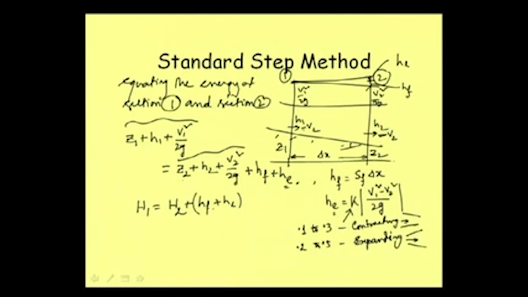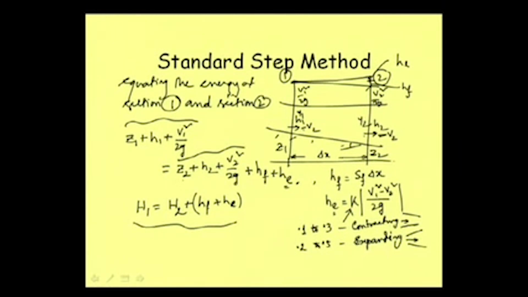Well, now using this relation, how can we calculate y1 and y2, that is our required point? Suppose we know y1 and want to calculate y2, or it can be the other way also, we can have y2 known and calculate y1.